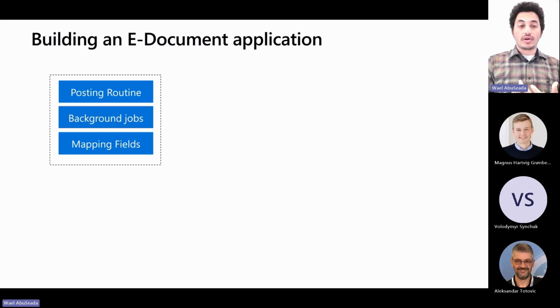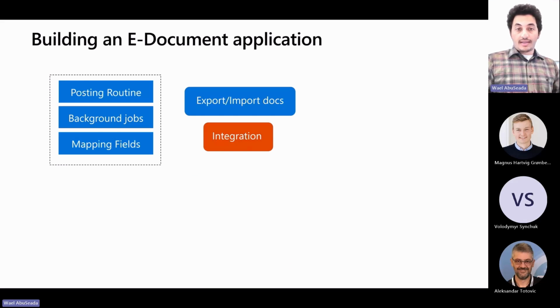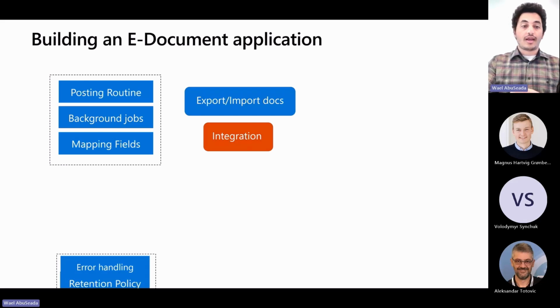And you might want to also implement a field mapping logic, because when you are exporting and importing documents, you want to map the fields to follow the standard of the endpoint you are integrating with. And then you want to build some logic that will export and import a document for each format you're using. And then you want to build an integration with the endpoint you are trying to send and import documents from.